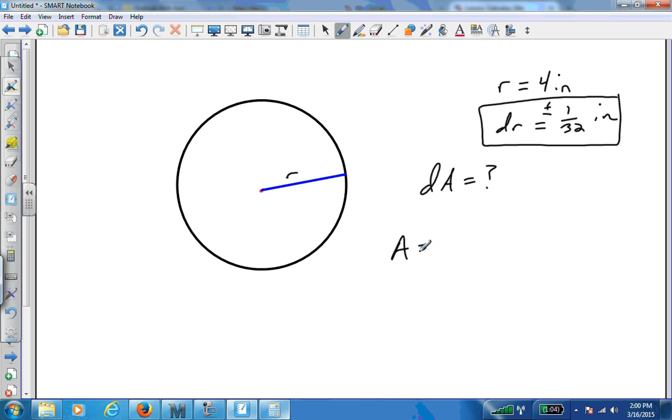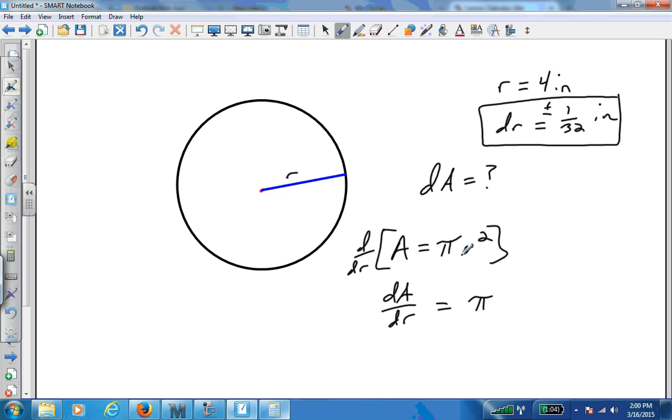So the area of a circle is pi r squared. So if I want the differential dA, our variable is r, so let's take the derivative with respect to r. So dA over dr, pi is a constant.